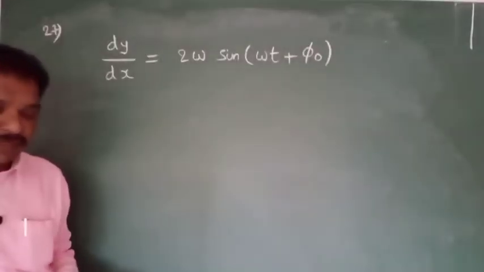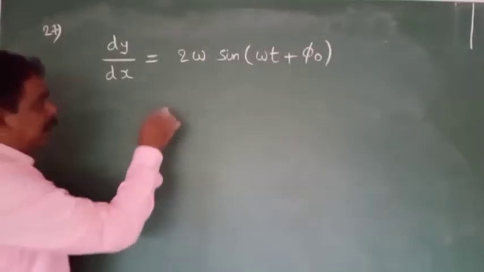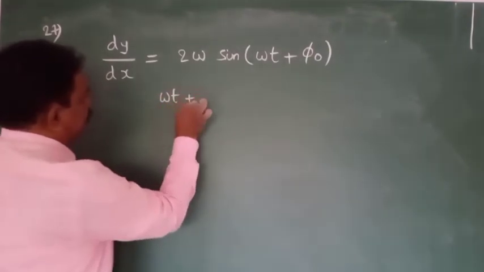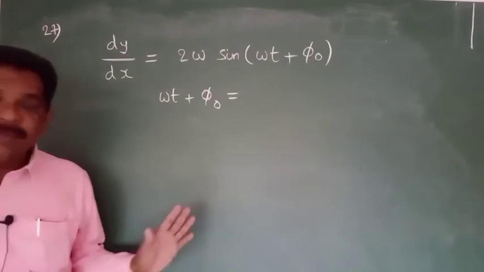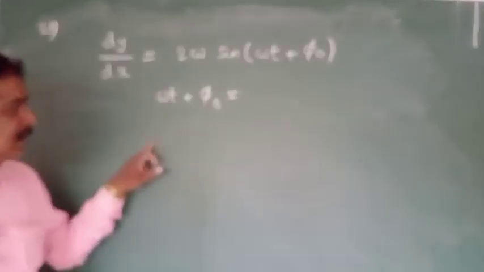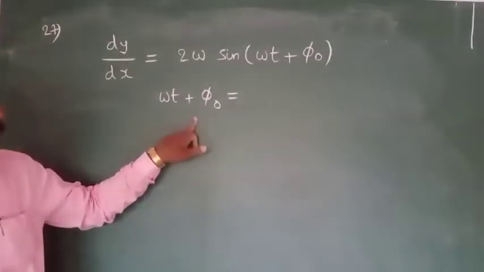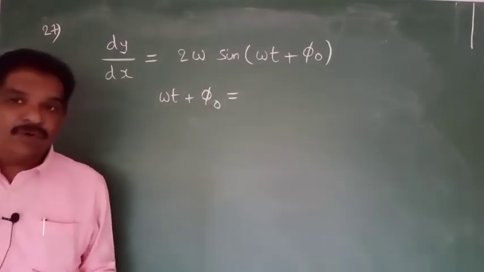One equation they gave, and the dimensions of omega t plus phi naught is the question. What will the dimensions of omega t plus phi naught be?